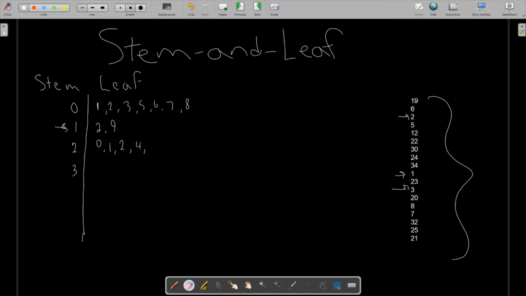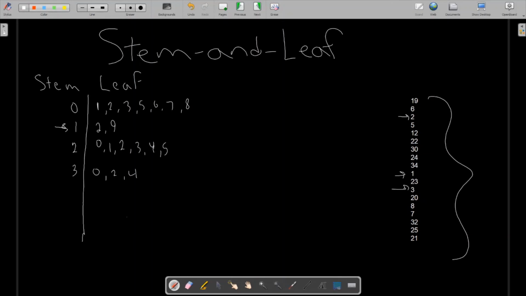That is my bad. So 23, a 24, and a 25. And then lastly, for the 3 stem, we have a 30, a 32, and a 34. So we'll have a 0, followed by a 2, followed by a 4.